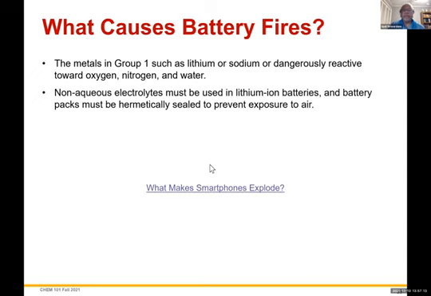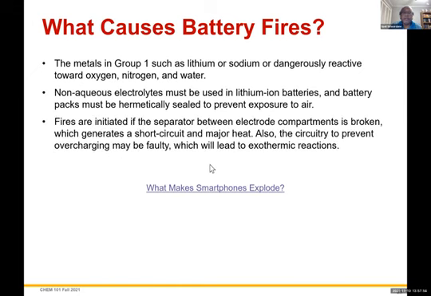So a non-aqueous electrolyte must be used in lithium-ion batteries. The electrolytes are not aqueous solutions like in other batteries, alkaline batteries. Otherwise, lithium can react with the water and explode. And the battery packs must be sealed to prevent exposure to air. Air is also a possible factor: lithium can react with air and ignite the battery.